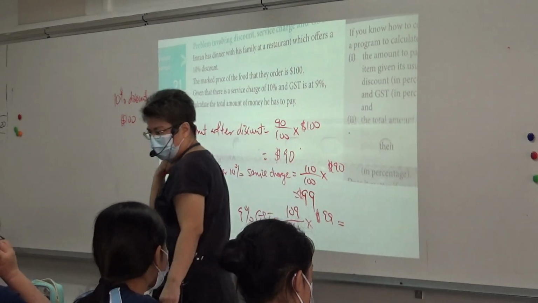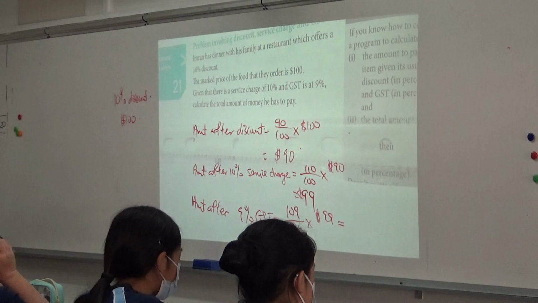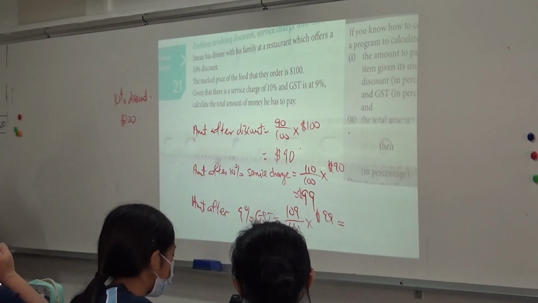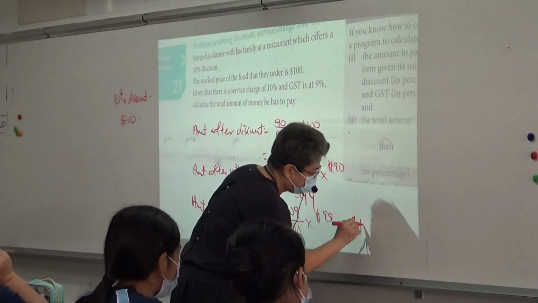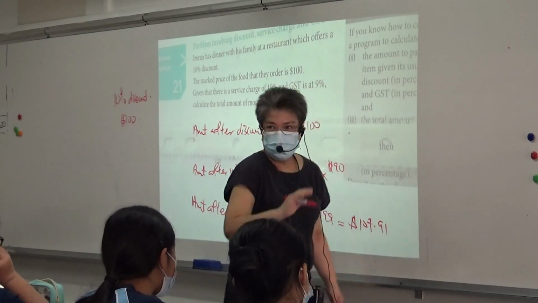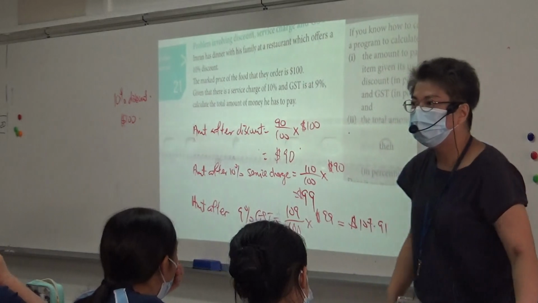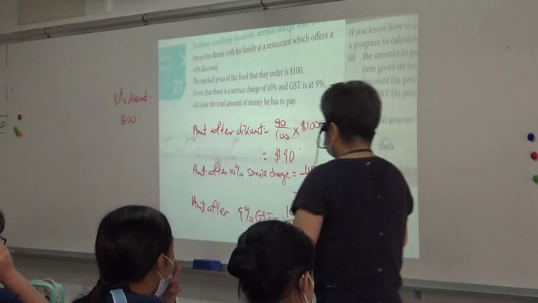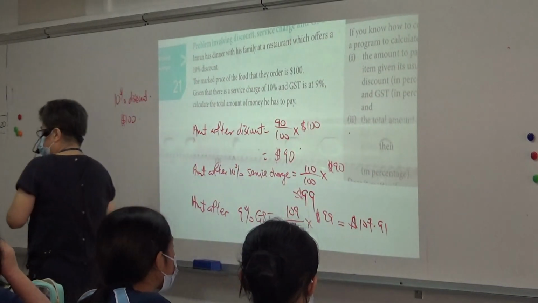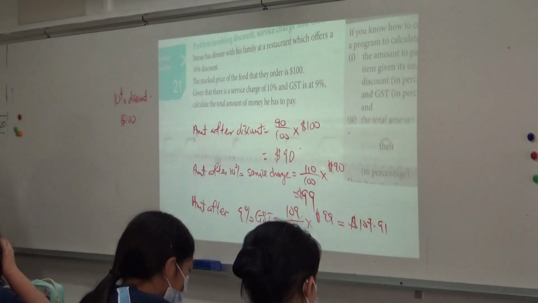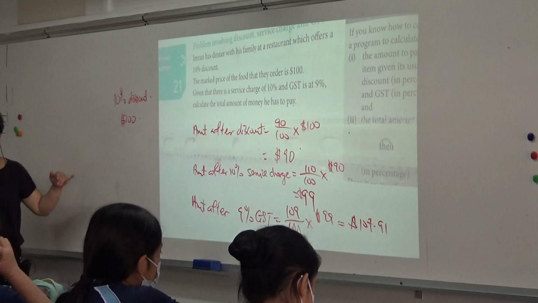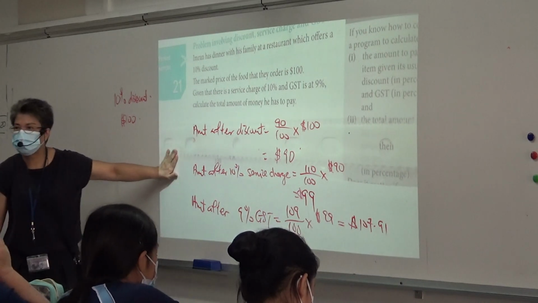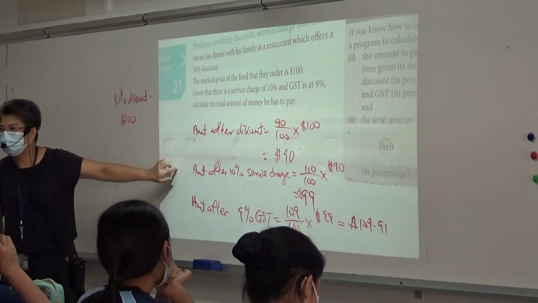Okay, all of you use a calculator. $107.91. So can you see I can get the answer straight away in this manner? But they offer us another method which is also quite good. I'm going to show you at the next part. Are we okay with this?